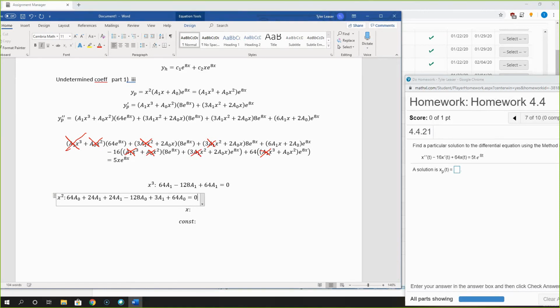And it's all equal to 0 since there's no x squared on the other side. We can simplify this down a little bit. A naught would be 0. I guess it doesn't matter. 51 A1 is equal to 0, which tells us that A1 has to be 0.